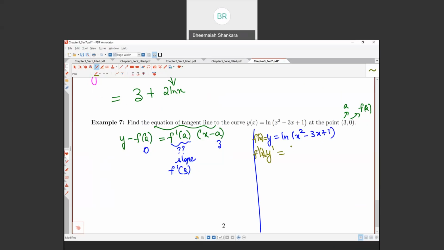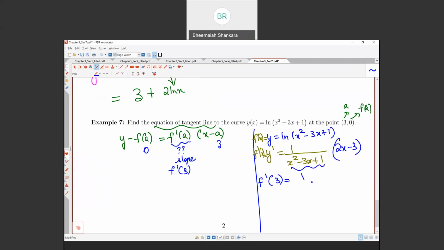The derivative of any natural log function is 1 over x squared minus 3x plus 1. Now you want to derive this again, derive the denominator, the inner function, so you have 2x minus 3. Now plug in f prime at the exact value given, which is 3.